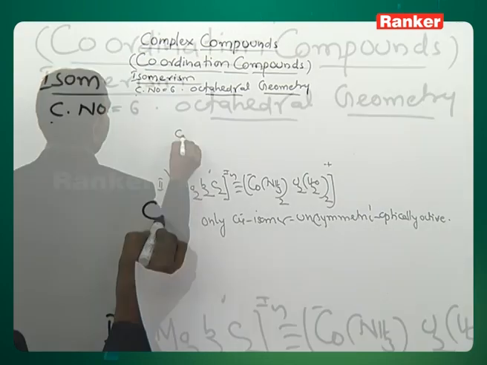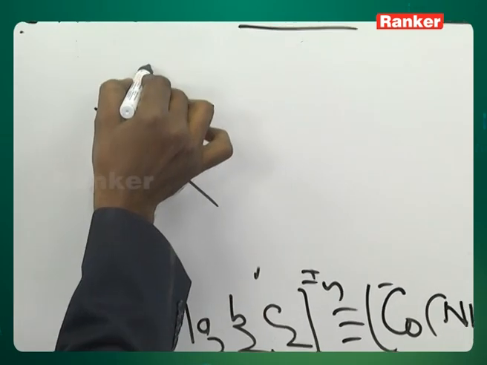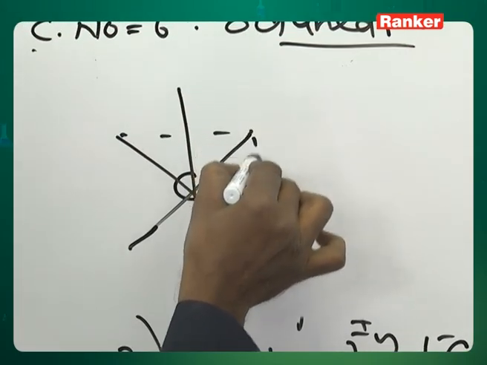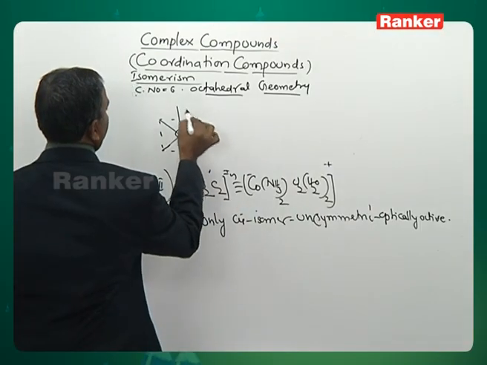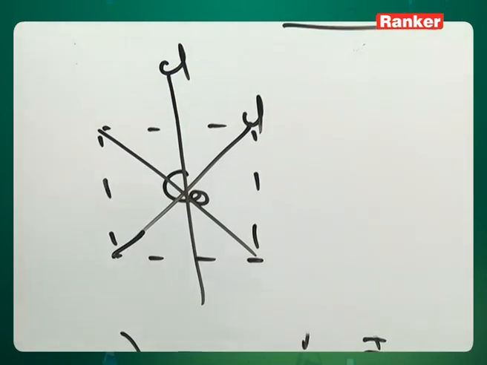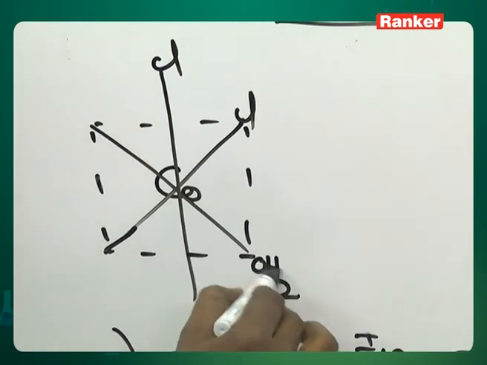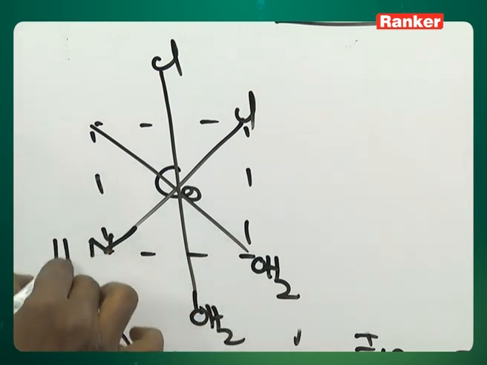Let me show this particular cis and how it is optically active. Take Co, octahedral. We take Cl and Cl cis, and aqua, amine.